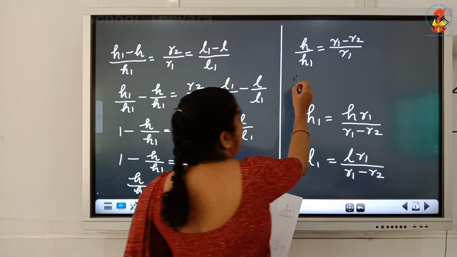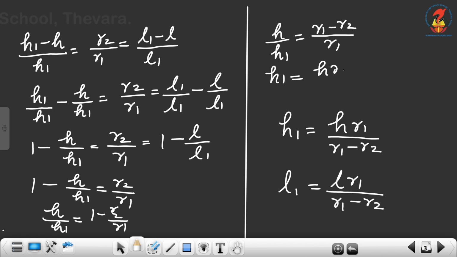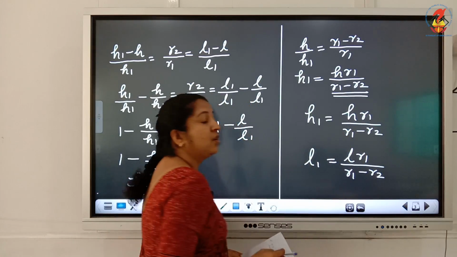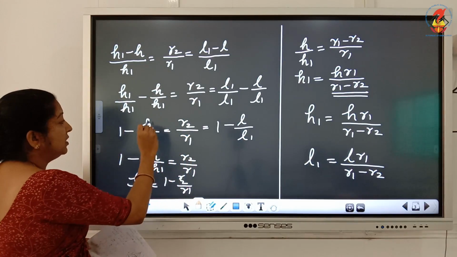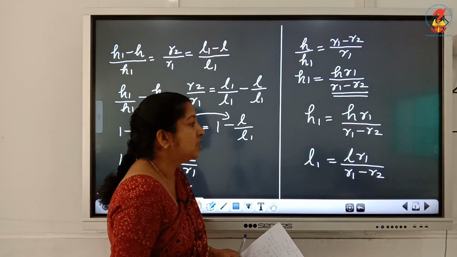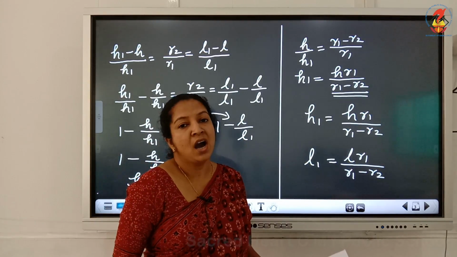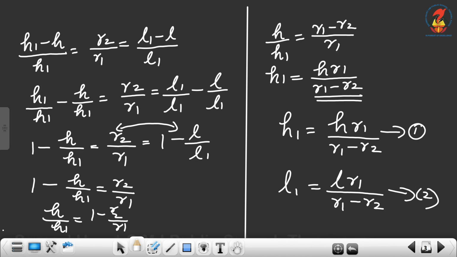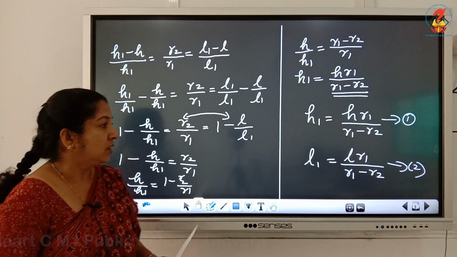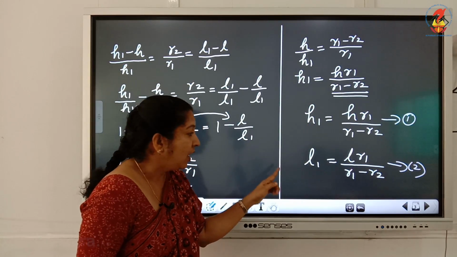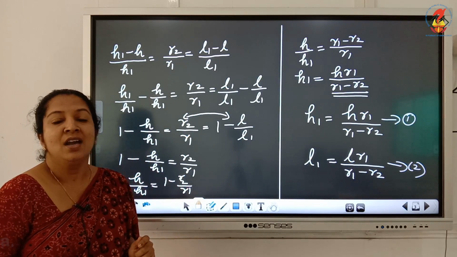So from here we can write H1 as HR1 divided by R1 minus R2. Similarly, by equating these two, we can find L1 as L1 is equal to LR1 divided by R1 minus R2. Mark these as equations 1 and 2. This is what we are using throughout. Instead of H1, we will write HR1 divided by R1 minus R2, and L1 as LR1 divided by R1 minus R2.